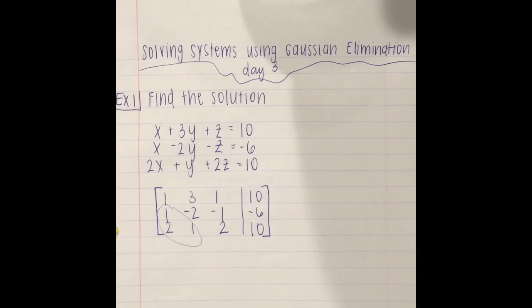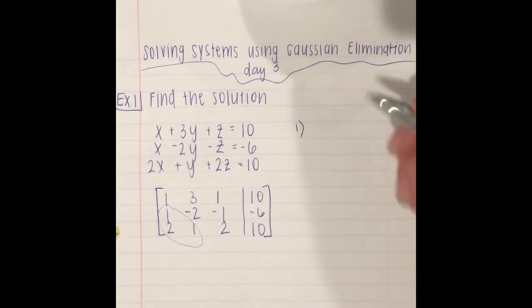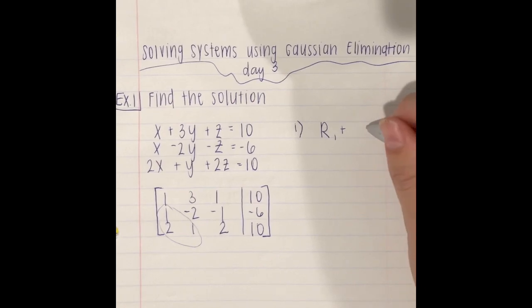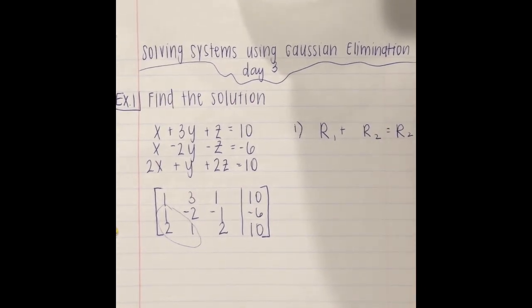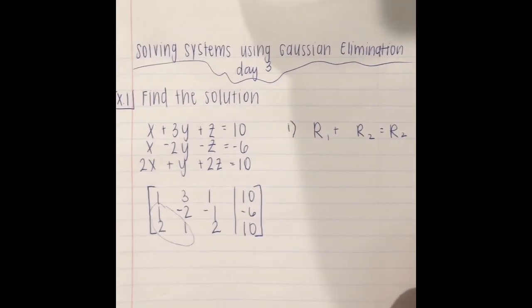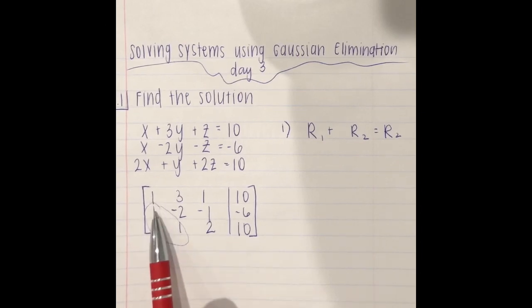So the first rule I gave you to give you somewhere to start would be to take row 1 and combine it with row 2 to get a new row 2 where the x value in row 2 is 0. I can't just add 1 and 1 together and get 0. I need to multiply one of these rows by some number to make these two be opposites.